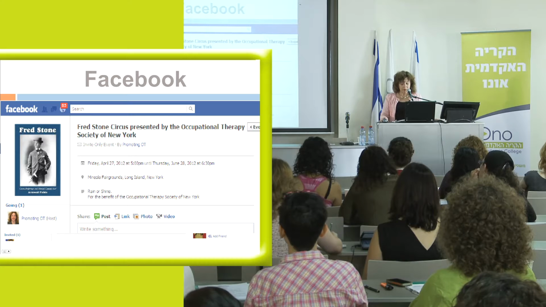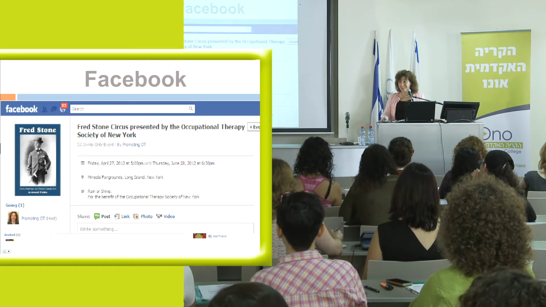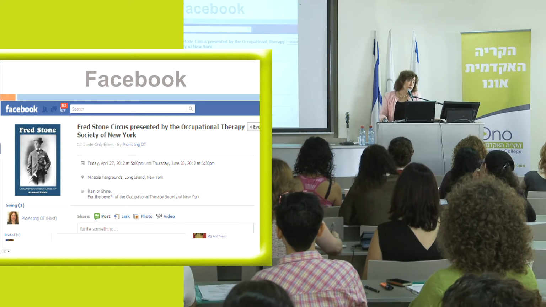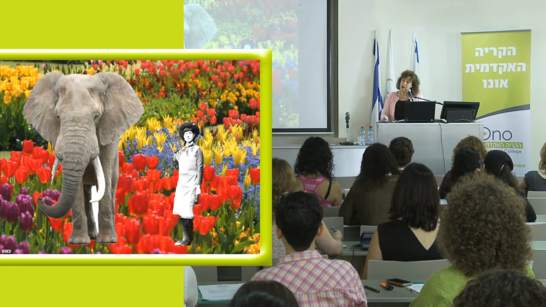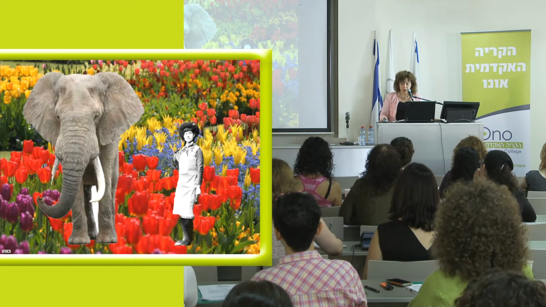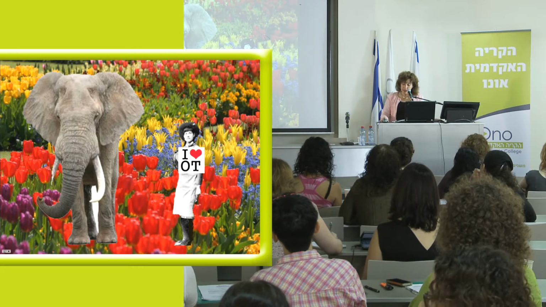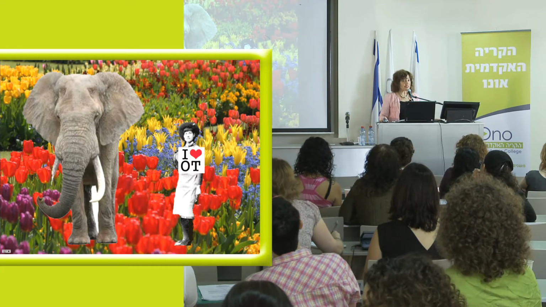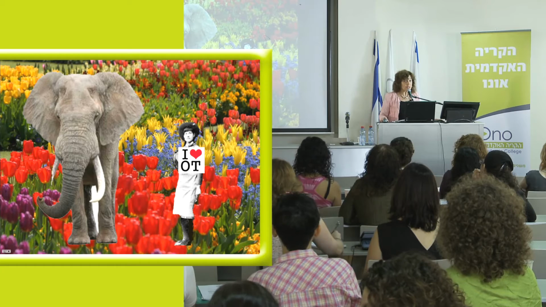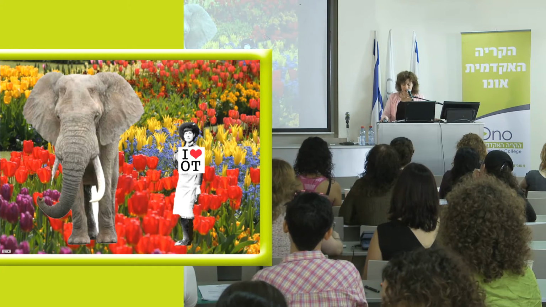On LinkedIn, you might start a discussion about getting more sponsors for the event, because this is a fundraiser for occupational therapy. You might make a YouTube video of the elephant and Annie Oakley, and Annie will even wear a t-shirt that says, "I love OT." Not far-fetched.